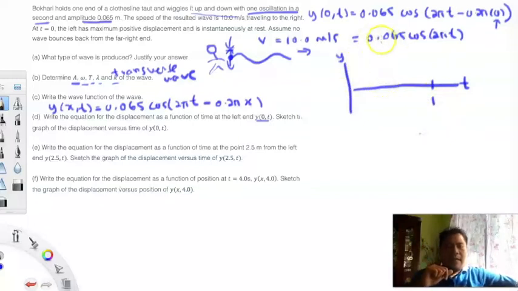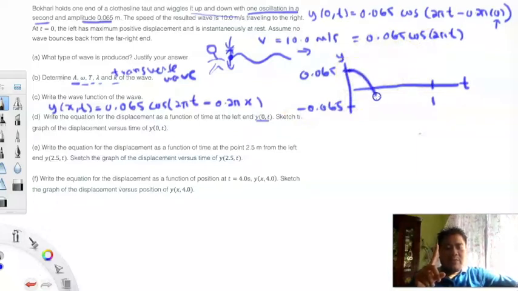The amplitude is 0.065 and this is minus 0.065. It is a cosine function, so your sketch will be like this. That means the particle here oscillates from here and then below and returns back in one period of time. This is for this equation.